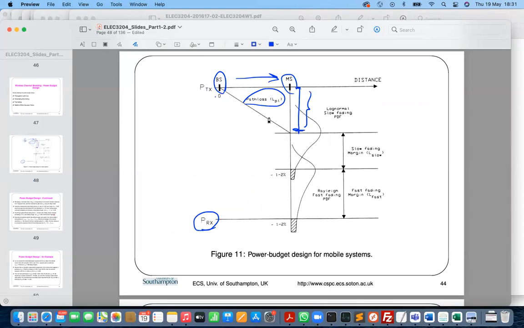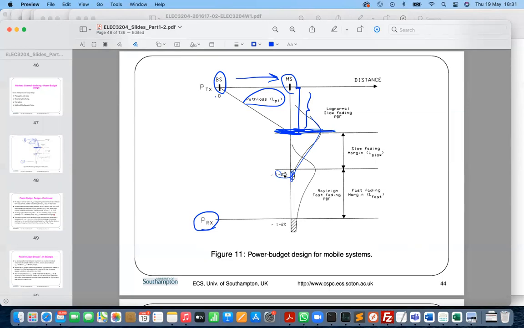And then the transmit power is reduced to this level. And then the second level, what is the second level of the fading? It is the shadowing effect. And how do we model the shadowing effect? It's a log-normal distribution. So we place the log-normal distribution center at the prepared power level, and then we cut off 1 to 2% of the tail, because the Gaussian distribution tail goes to infinity, while we cannot reach infinite signal power.